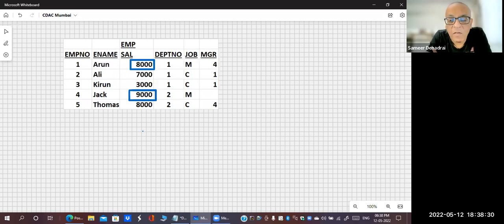Now we don't have any function for second largest, no? So what will be the logic? Hear me out first. First you find out the maximum sal. Once you have found out the maximum sal, then you can say select max of sal where sal is less than max of sal. Understood?